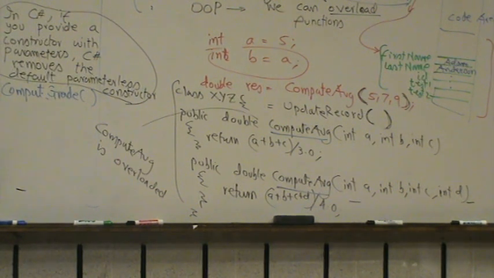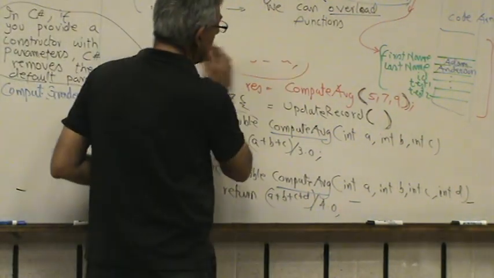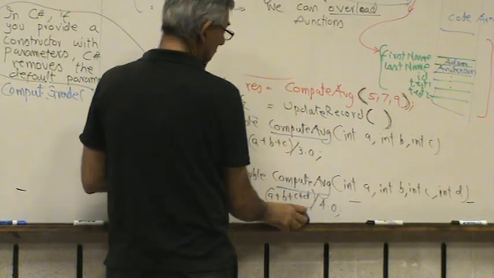If both functions have the same parameters, can we write them in the same class? Now there's a certain restriction in overloading. We cannot just keep writing many functions with the same name.